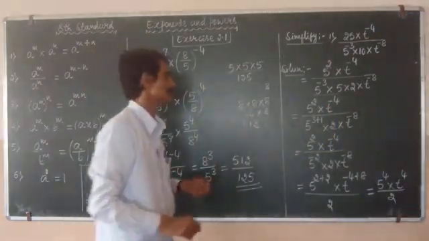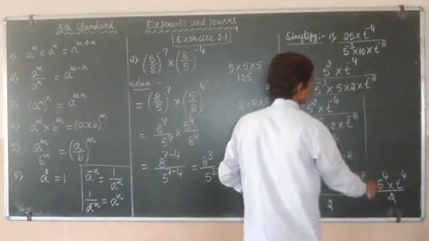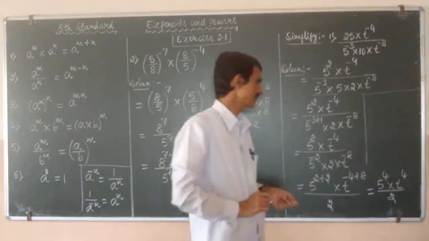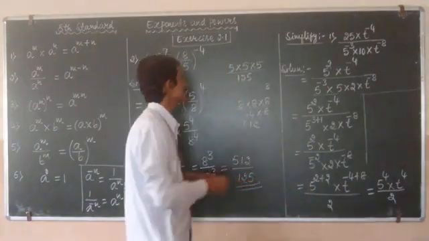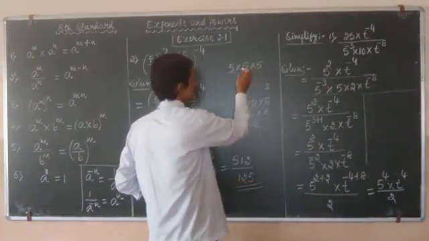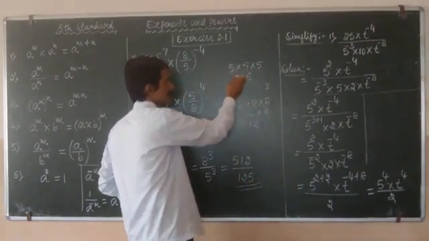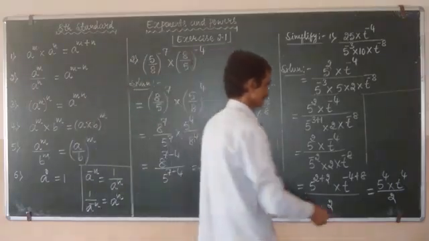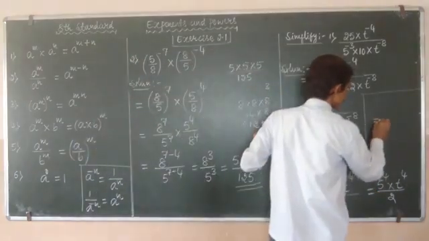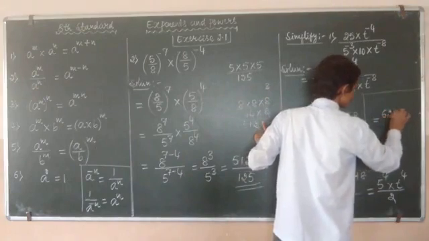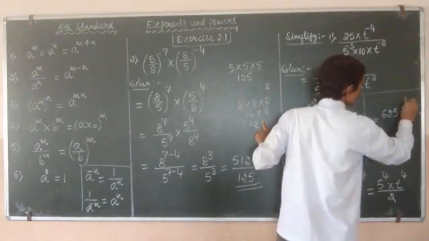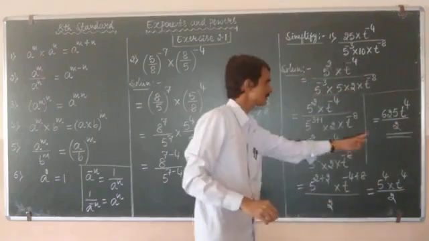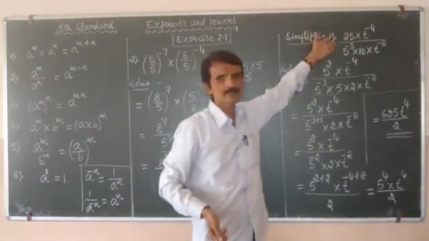This is the answer, or you can write, 5 5s are 25. If you multiply 5 four times, 5 5s are 25, 25 5s are 125, 125 into 5 will be 625. So this value will become 625 into 2 to the power of 4 by 2. So this is the simplified form of the given problem.